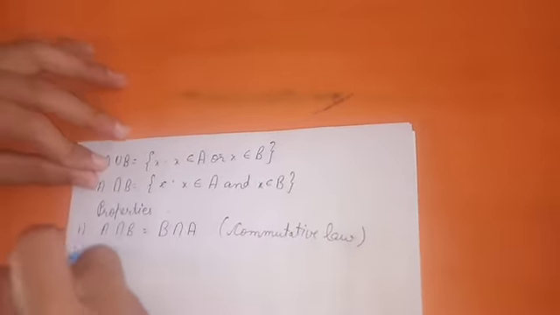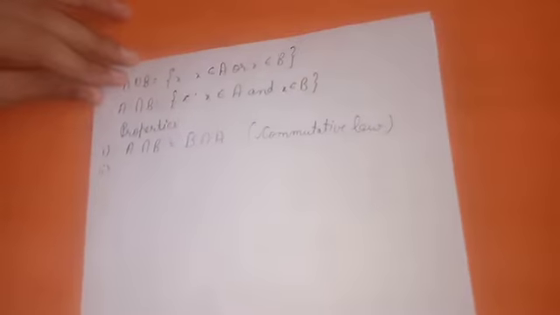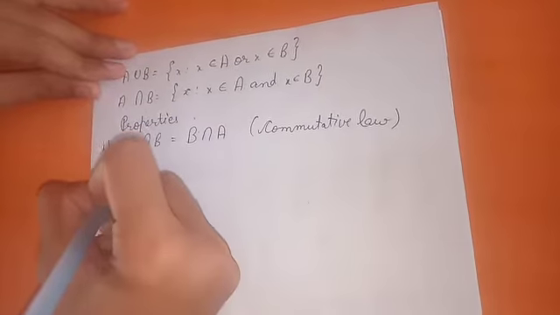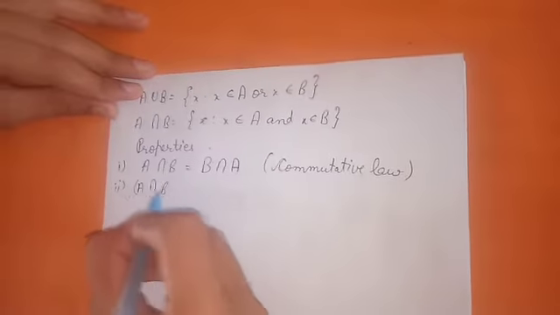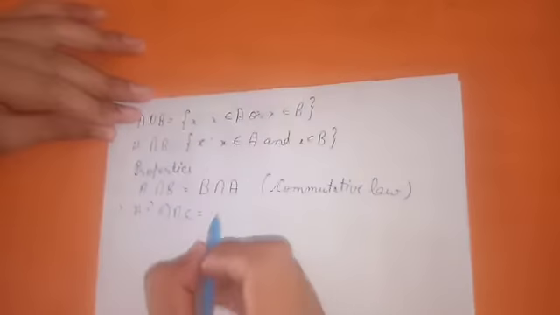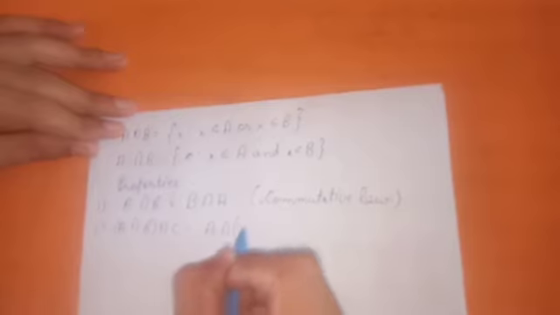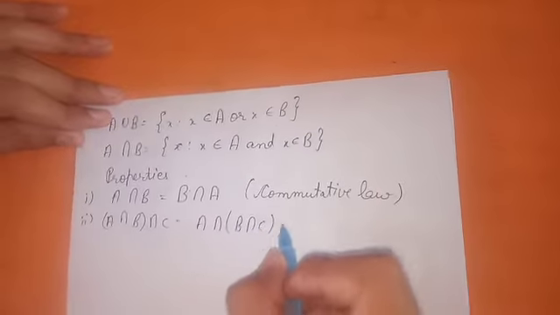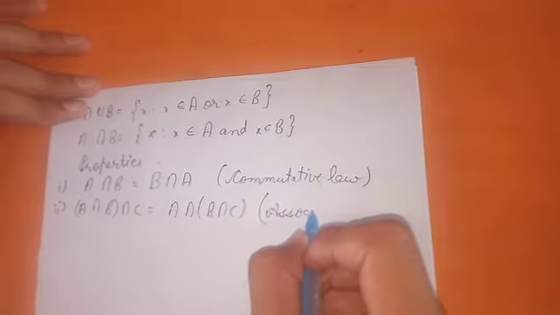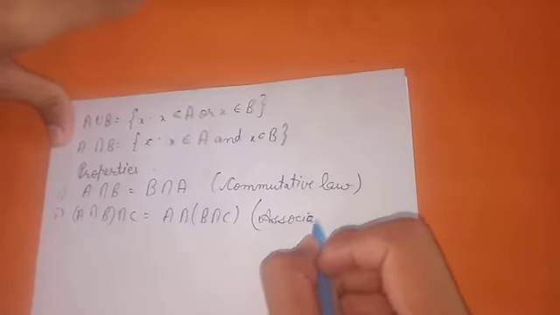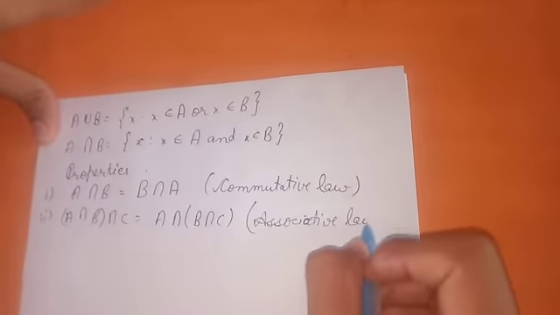Second is A intersection B, intersected with C, gives us A intersection B intersection C. This is the associative law.